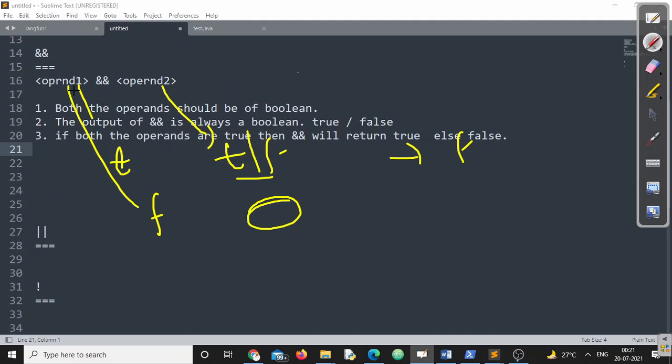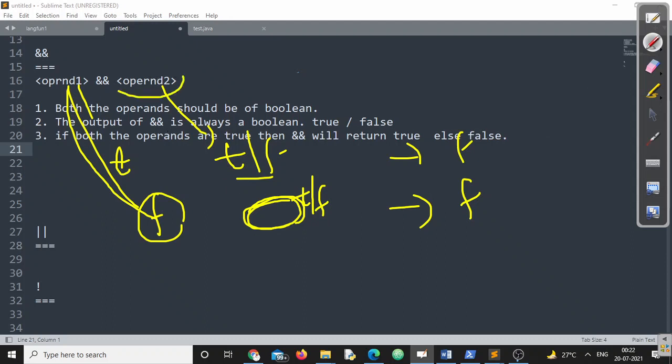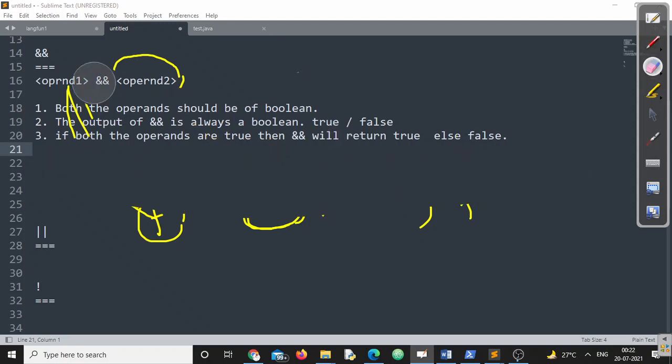It doesn't matter whether the second one is true or false. If the first one is false, immediately logical AND will evaluate to false. So what I mean to say is the evaluation of operand 2 is not mandatory. Remember this point.